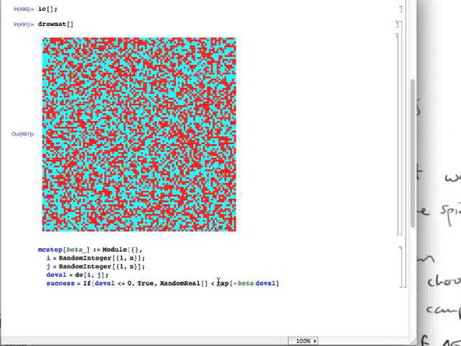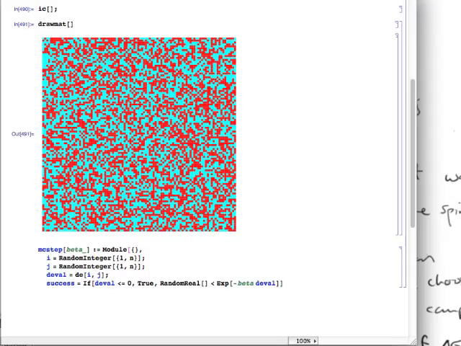And suppose this was a fourth. Okay, well then the random real will 1/4 of the time be smaller than that because it's in the range 0 to 1, and so 1/4 of the time that's going to come up true anyway, even though the energy difference was positive.